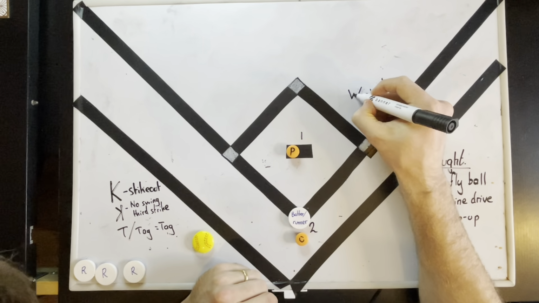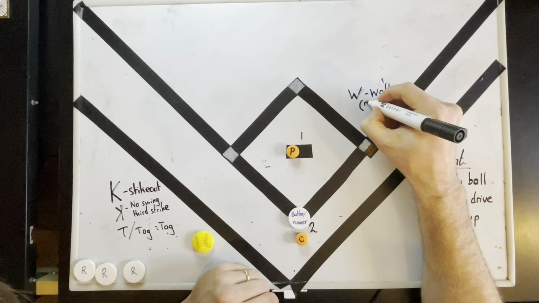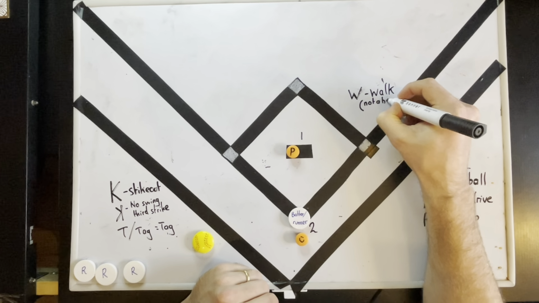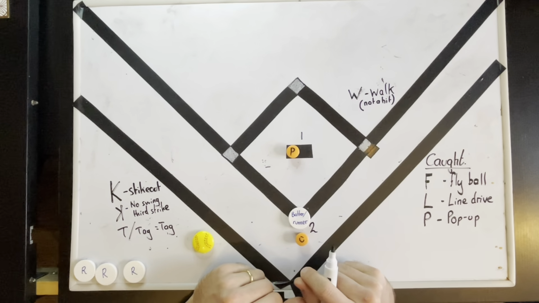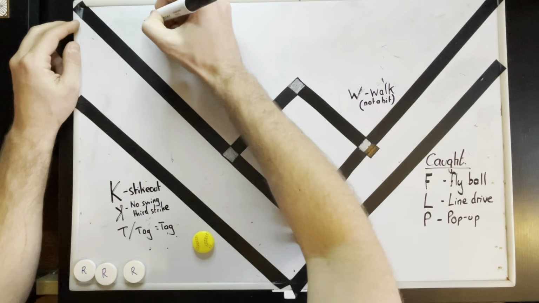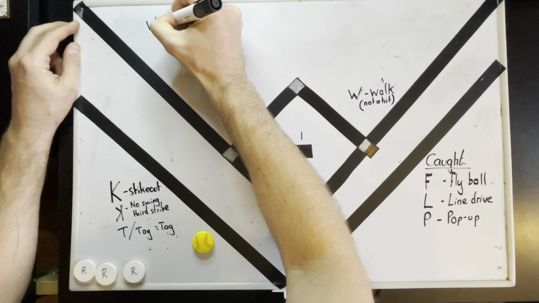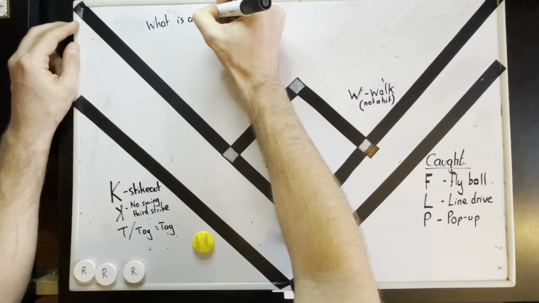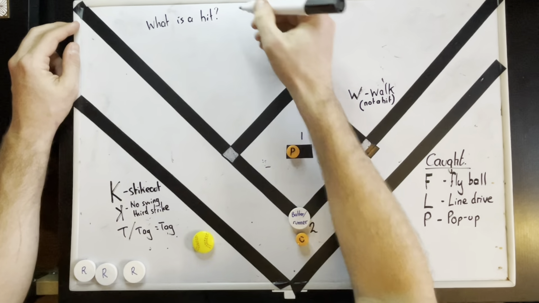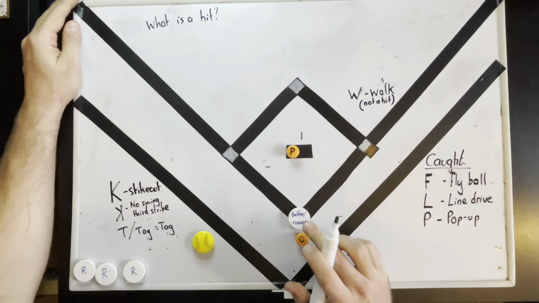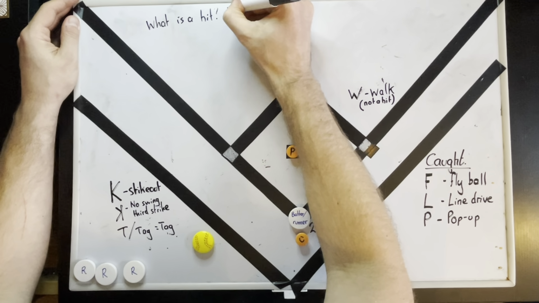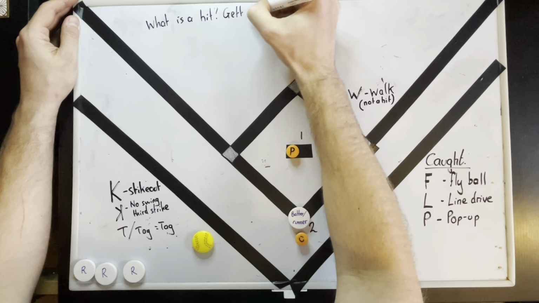So if you get a walk, it doesn't classify as a hit. So what is a hit and what isn't? A hit is classified as getting on base because of hitting the ball.